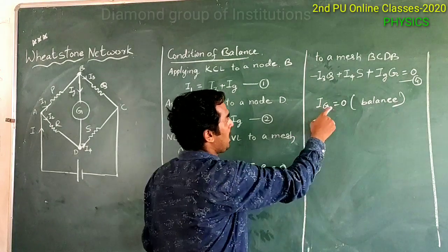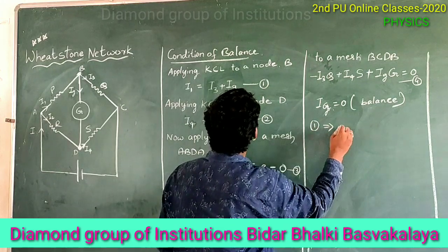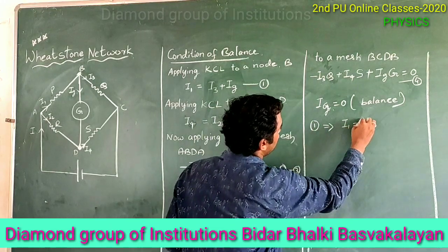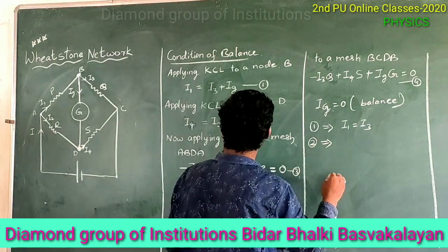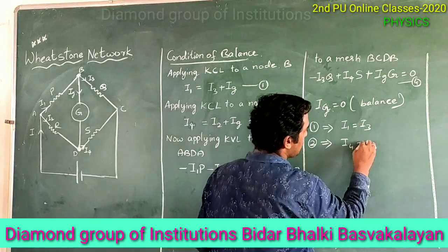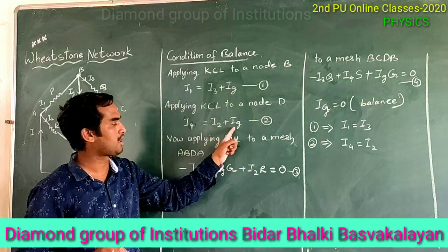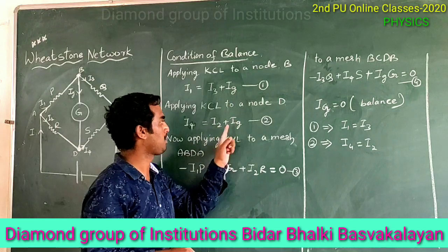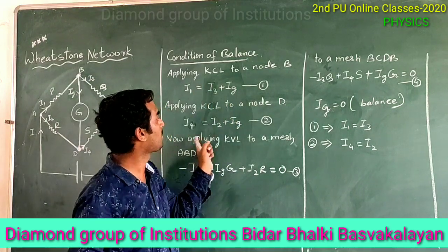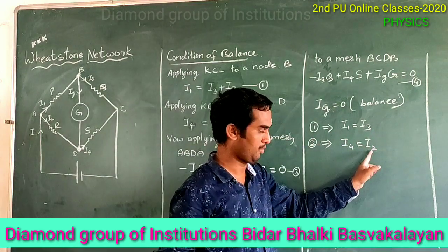So if you substitute Ig equal to 0 in equation number 1, it becomes I1 equal to I3. In equation number 2, I4 becomes I2. So wherever Ig values are there, each and every value becomes 0. So remove Ig and write the remaining equations as this: I1 equal to I3, I4 equal to I2.